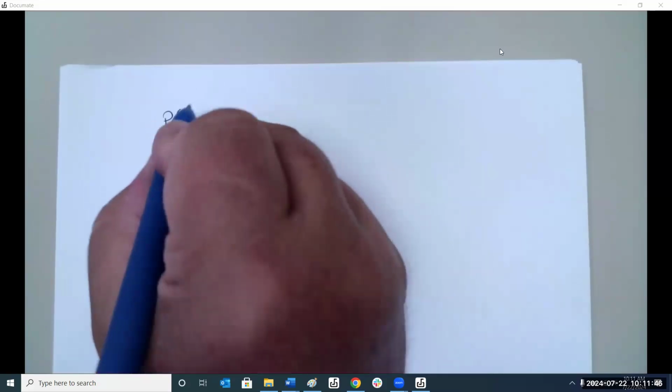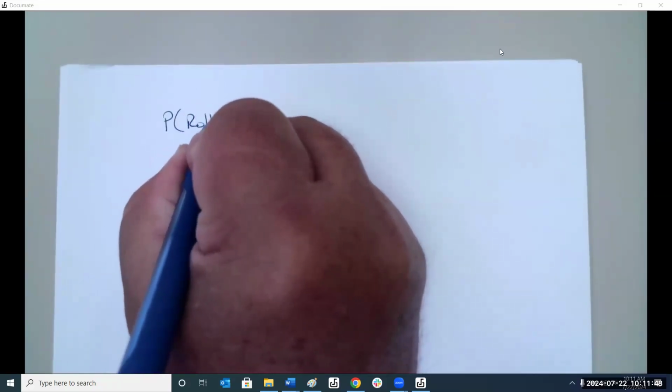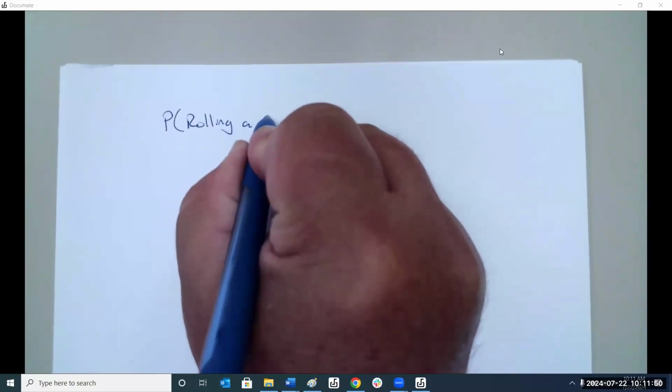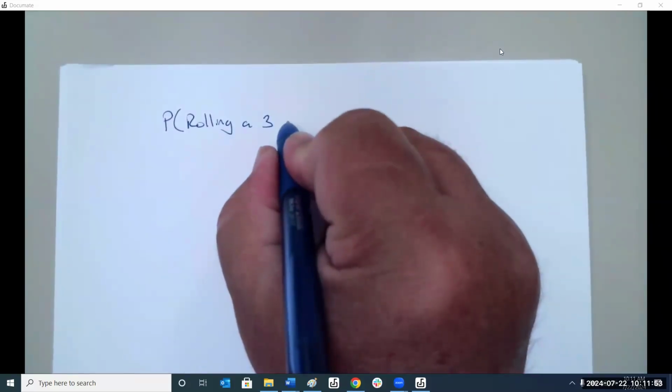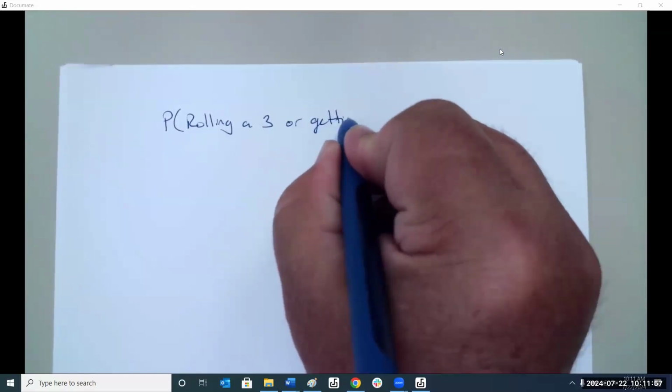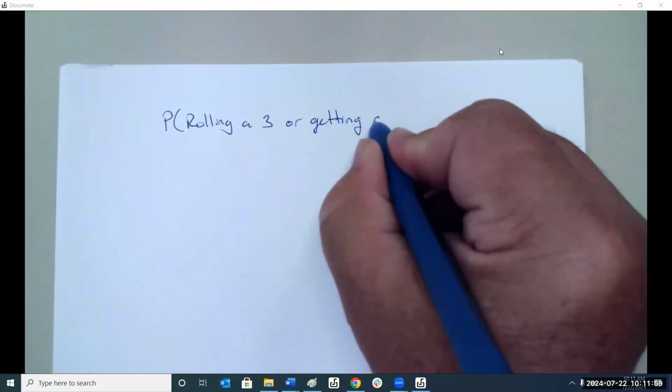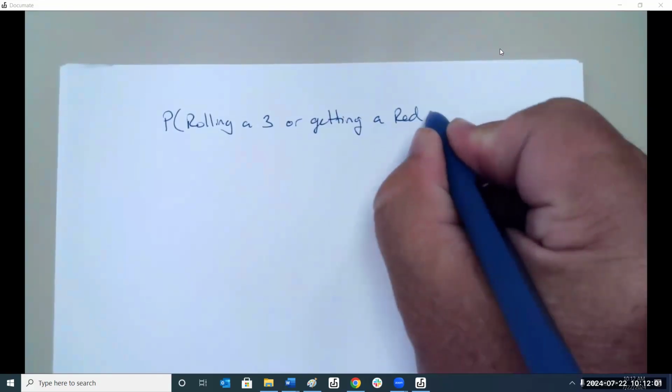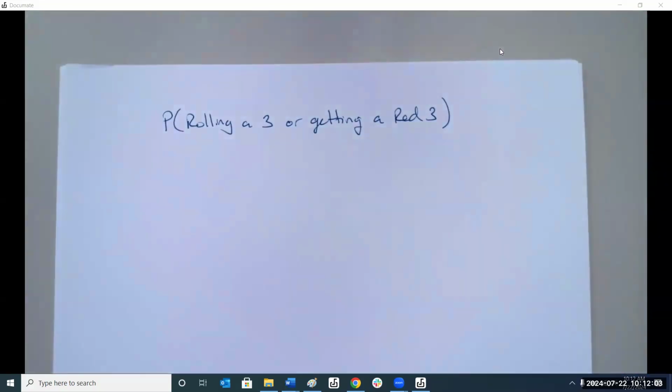Like the probability of rolling a 3 with 1 die or getting a red 3 from a deck of cards. Can those two events happen at the same time?